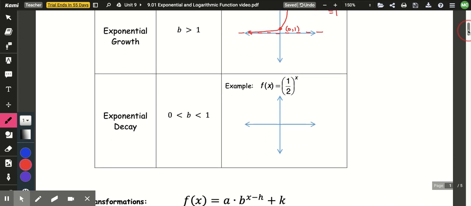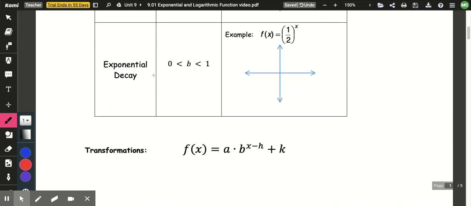All right, the other possibility for your b is that it could be something between 0 and 1, like, for example, 1/2. When that happens, we have exponential decay. So that means as we move from left to right on the graph, it's going to be decreasing. So I'm going to again start with the horizontal asymptote, and I'm going to put in the point 0, 1, because 1/2 to the 0 power is still just 1, so it still has that same y-intercept.